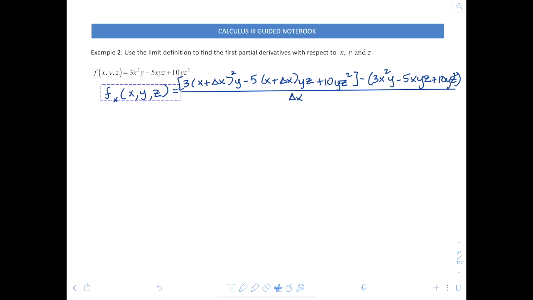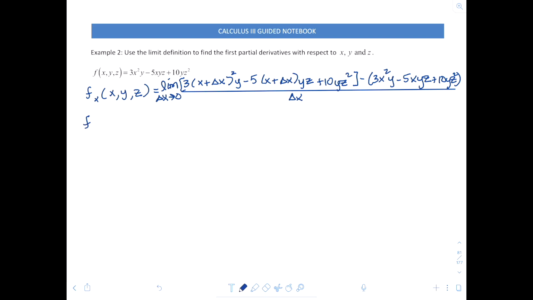I forgot my limit notation. So we have our limit as delta x approaches 0.